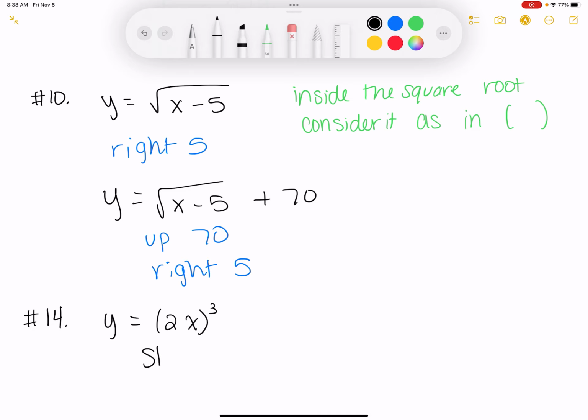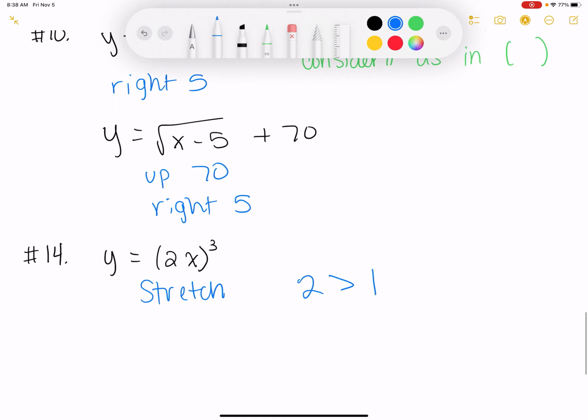I was going to say that, but I said compressed, and then I thought that's probably wrong too. Good job, Chase. 2 is greater than 1, so it's a stretch. I was getting to that section. All right, 16. y is equal to 0.3 x cubed. That one's compressed. That one's less than 1, so yeah.